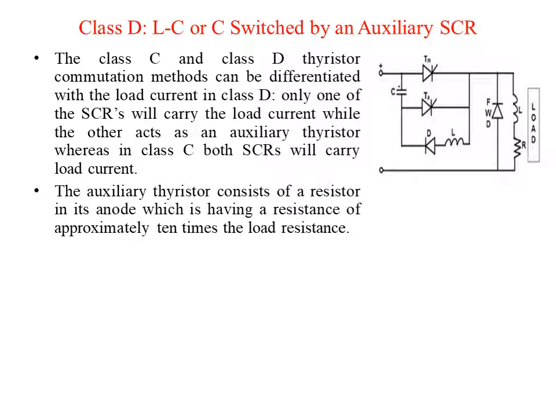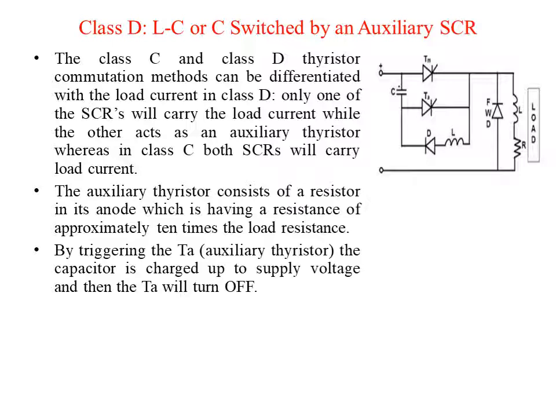The auxiliary thyristor has a resistor in its anode, which has a resistance of approximately 10 times the load resistance. And we know that as we increase the resistance, current will not flow through that SCR or thyristor.